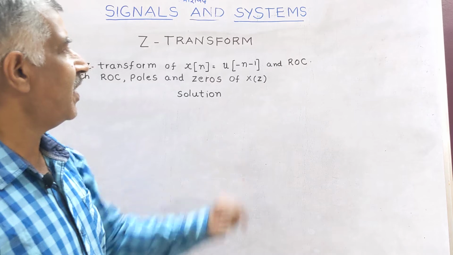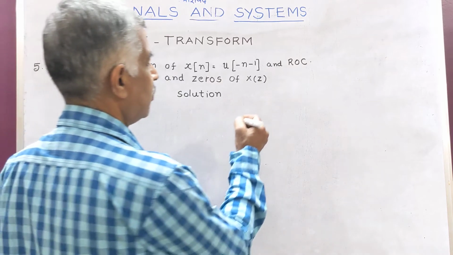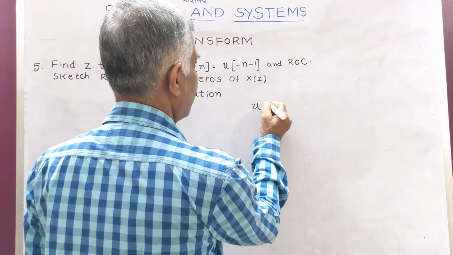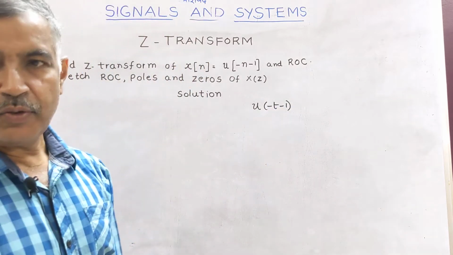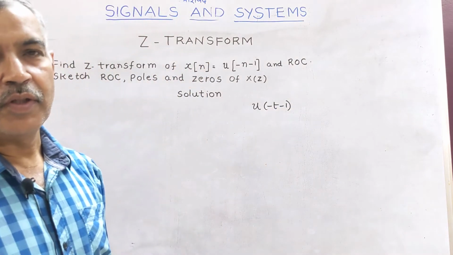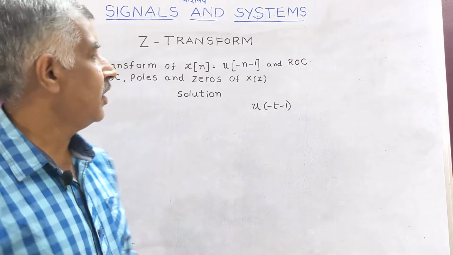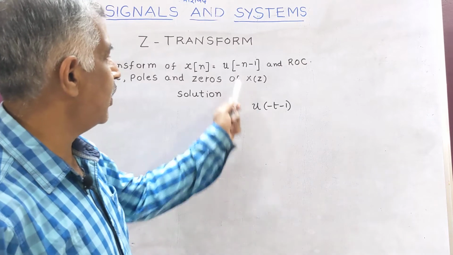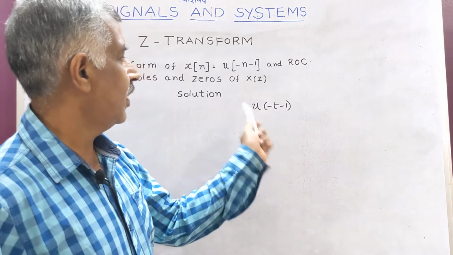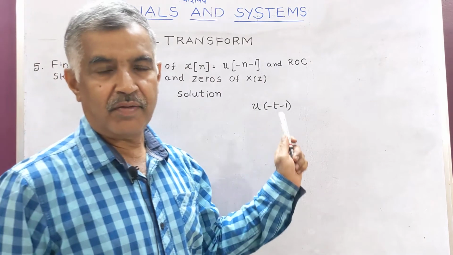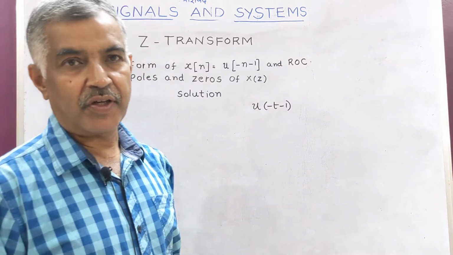Now u of minus n minus 1 is very much similar to u of minus t minus 1, and you remember the precedence rule. Here there is a shift operation and there is a mirror or time reflection.